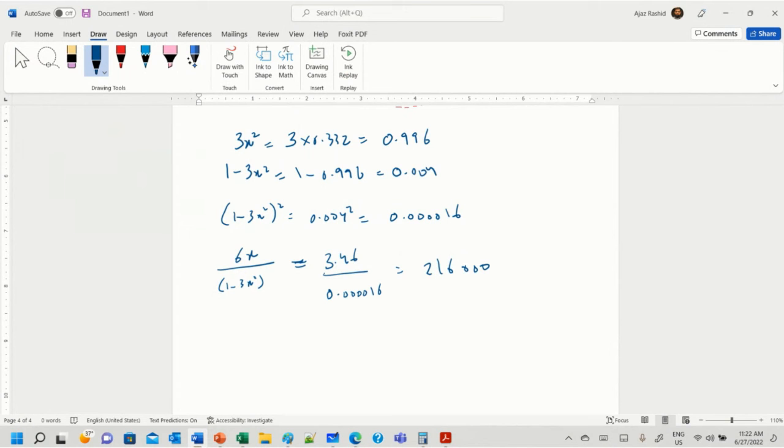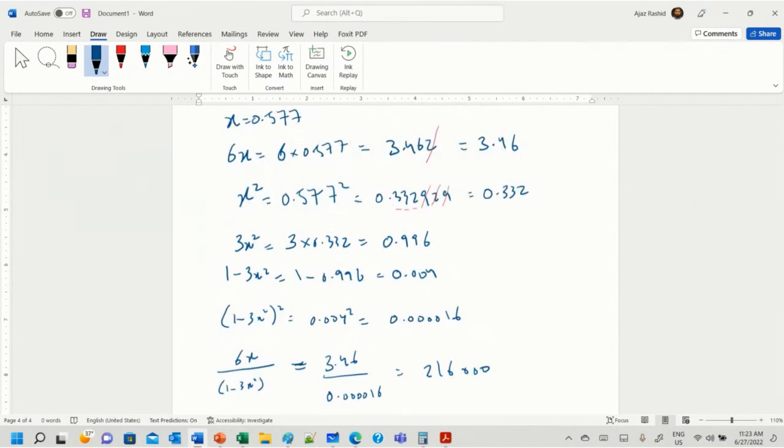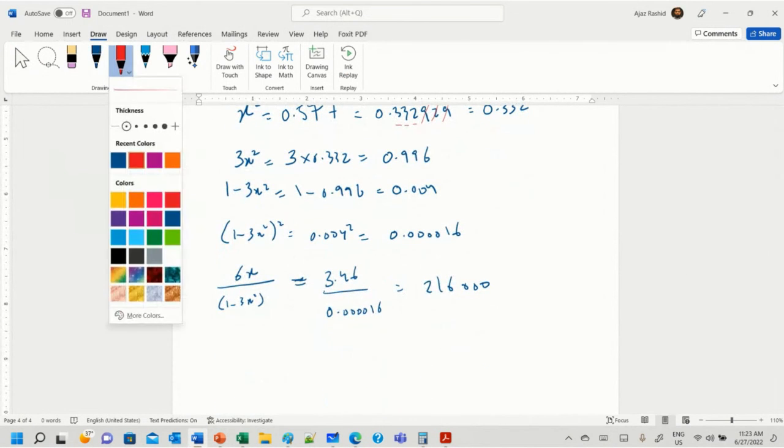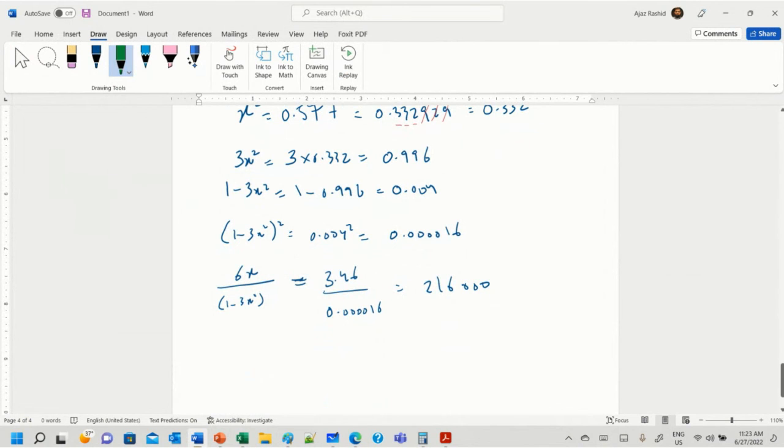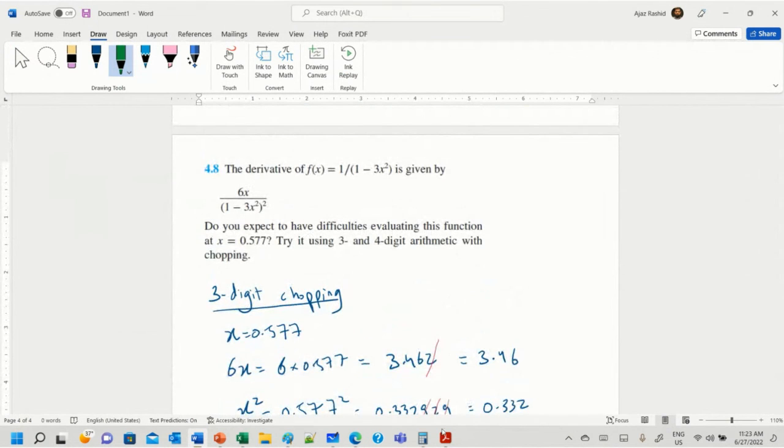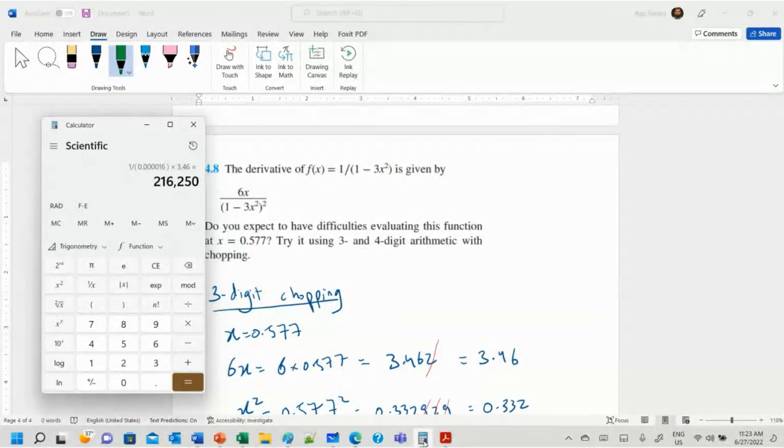Now let us find out the actual value, the true value, without chopping. I'll start with the denominator.